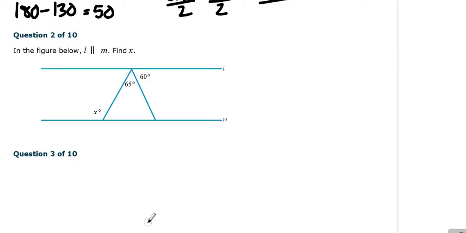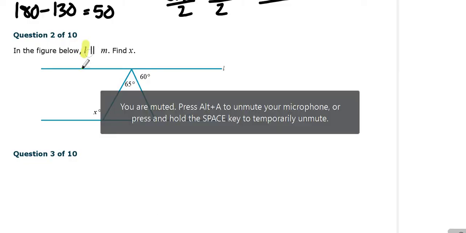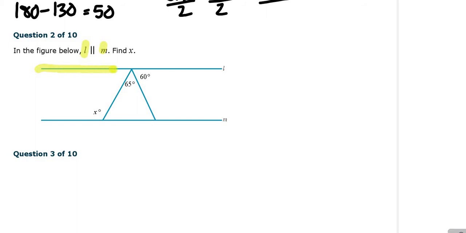Problem 2. Here we're told that lines L and M are parallel. Find the value of x. The most important thing to watch out for with parallel lines is armpits of the Z. So if that's 60, that's 60.